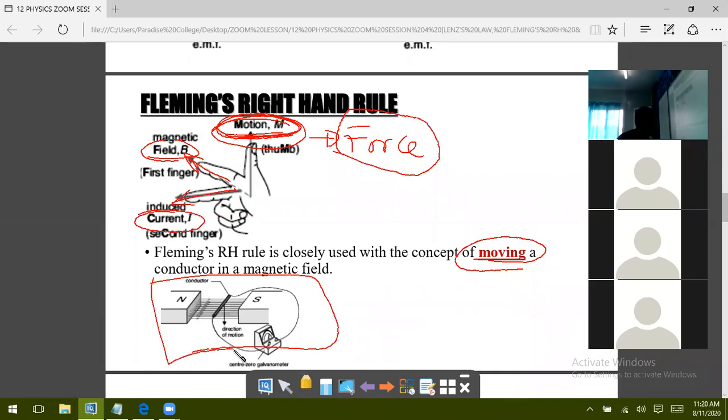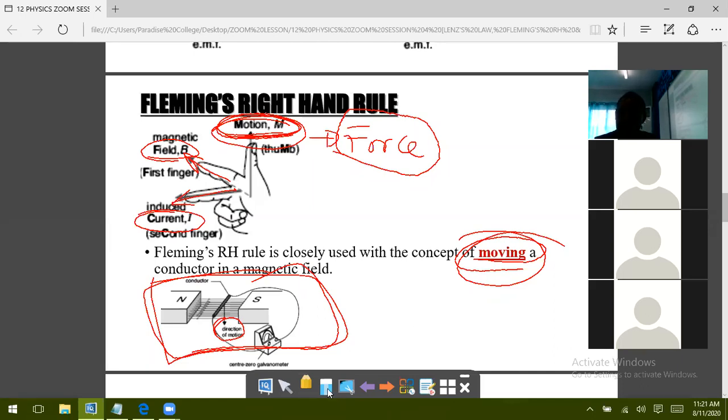But here, instead of direction of motion, if they give you something like force, if force is involved in a setting like that, then obviously you're using Fleming's left-hand rule. That means left. But if force is missing and a word like motion or movement is given, then it is the right-hand rule. Understand?